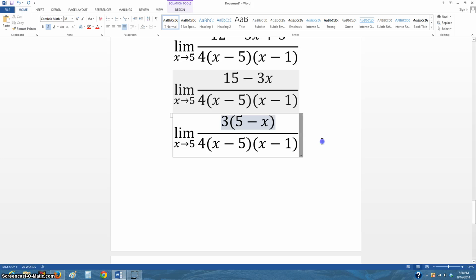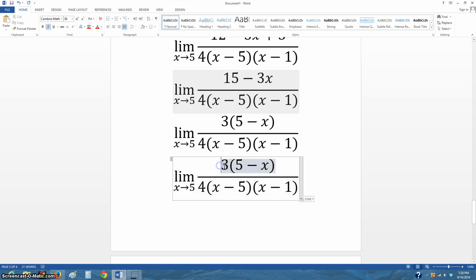Okay. There's another problem because you still can't cancel anything out. Even though this looks very similar to the x minus 5 on the bottom, it's not. So that means that you most likely have to factor out a negative. So if I factor out a negative along with that, this now becomes x minus 5.